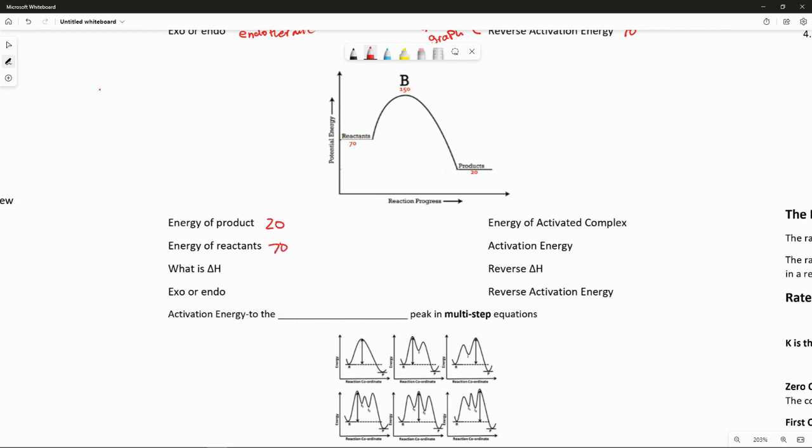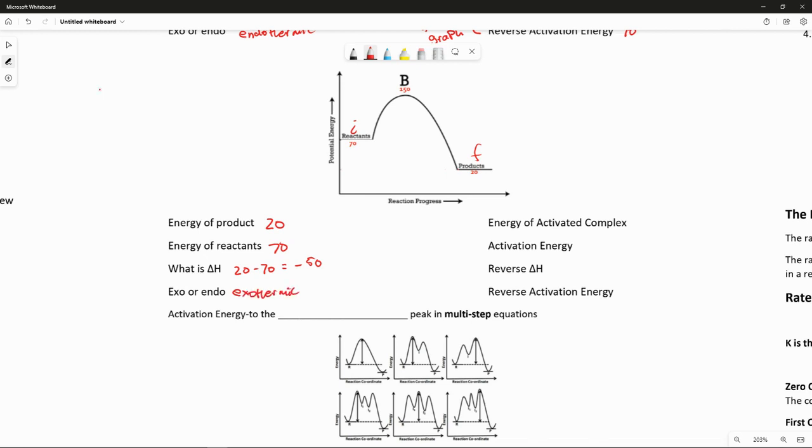And our delta H is going to be final minus initial. Our final value is product side, and our initial value is reactant side. 20 minus 70 equals negative 50. Our delta H is negative 50. And therefore, since we know that a negative delta H value correlates to an exothermic reaction, we know this is exothermic.